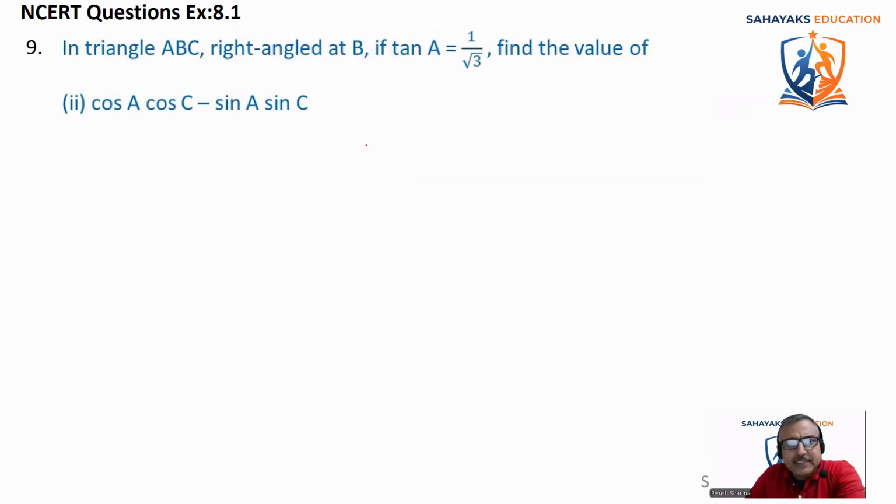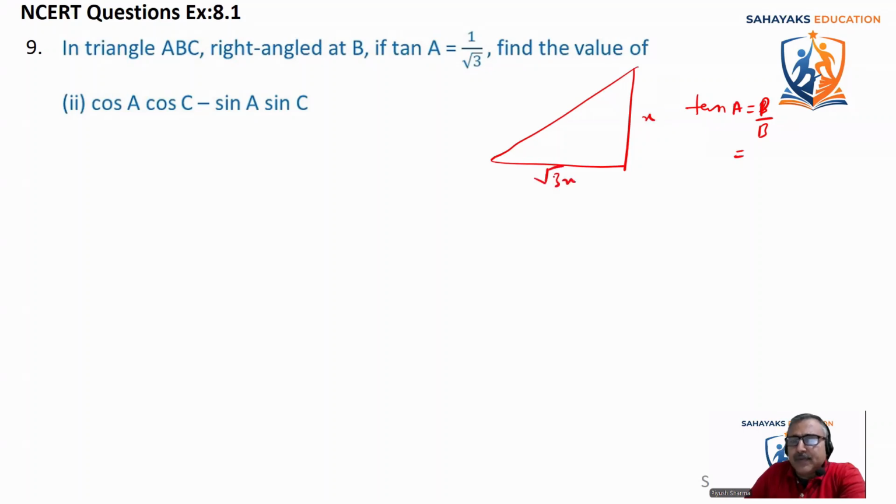Okay, so coming to the second part of the same question, it says tan A is equal to 1 by root 3. So when tan A is equal to 1 by root 3, again, we'll just make a triangle out here. When we say tan of A, that is perpendicular divided by base, that comes out to be x by root 3x.